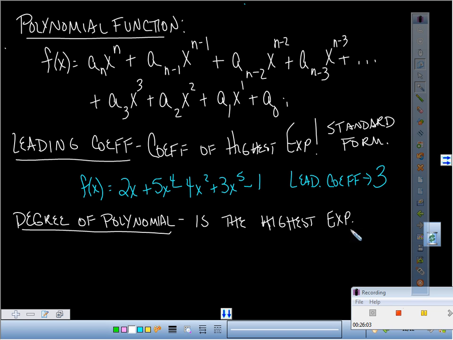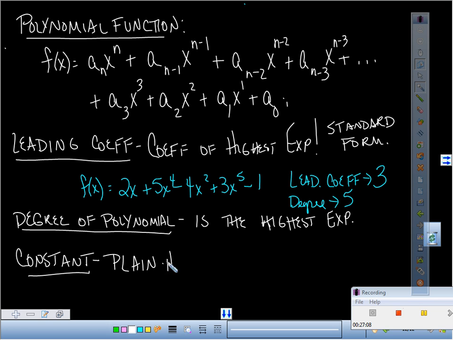So, the degree of the polynomial is the highest exponent. What's the degree of this polynomial? Yeah, 5. What's the highest exponent, people? 5. So that's the degree of the polynomial. It's a 5th degree polynomial. Okay? A 5th degree polynomial. Alright, let's talk about a constant. Y'all, a constant is just a plain old number.